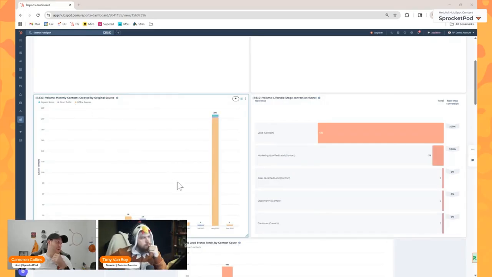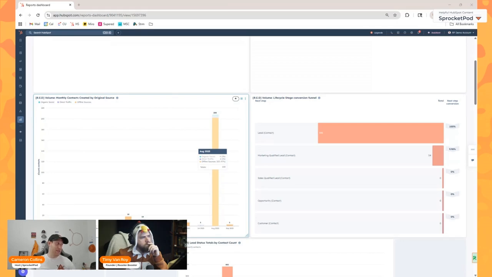The reason that this one becomes so important is because, as many of us know, offline sources in HubSpot oftentimes comprise a very high volume of traffic, if not most of it. And when you drill down into the original source of offline sources, it often becomes very hard to answer where these contacts are actually coming from.